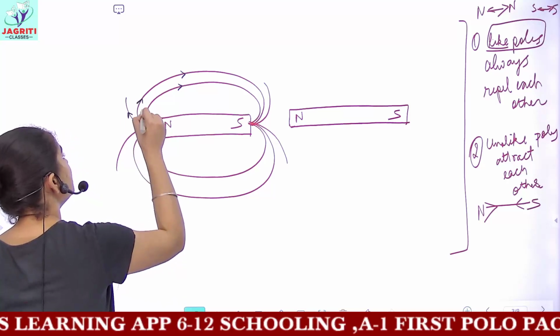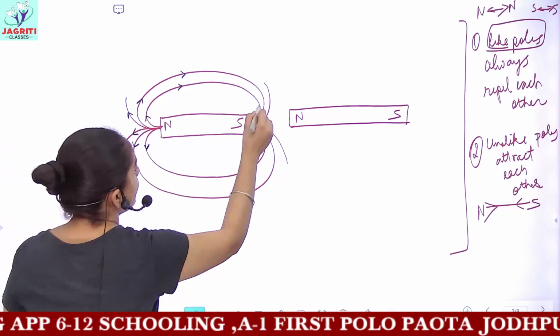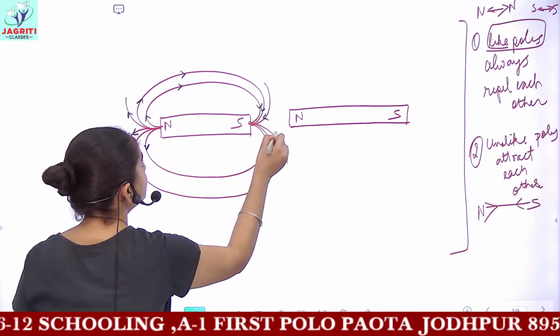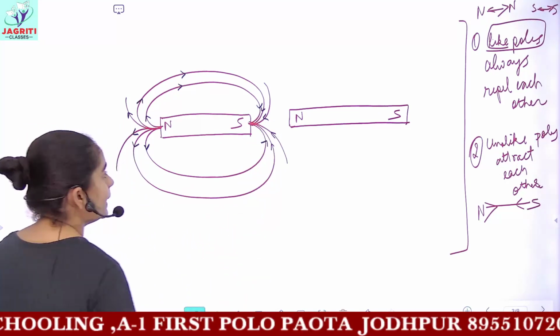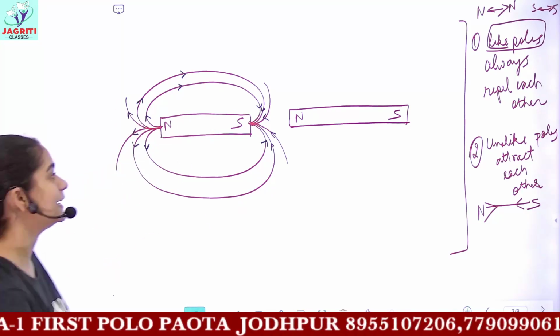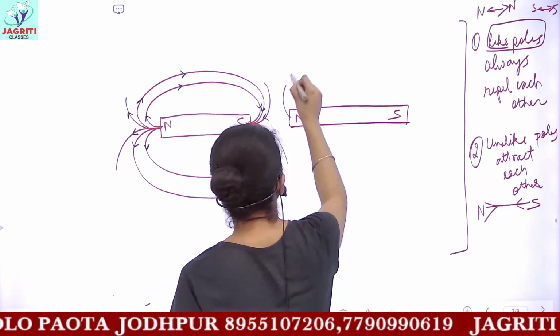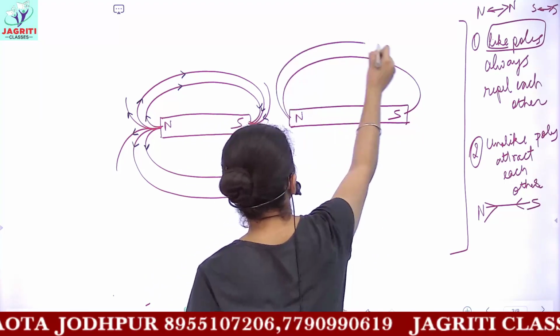The magnetic field lines move away from the North Pole, as we have seen, and towards the South Pole. If I draw the direction in a similar manner for the second magnet, they will also be moving from the North Pole to the South Pole.